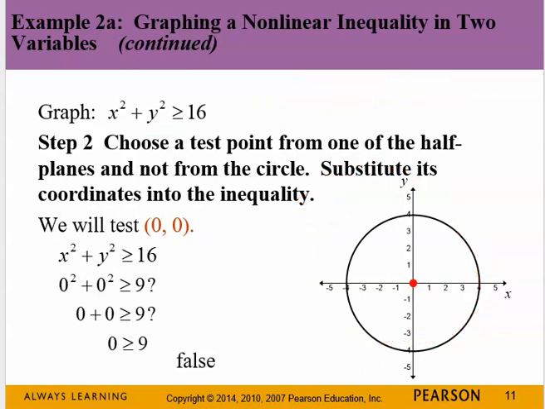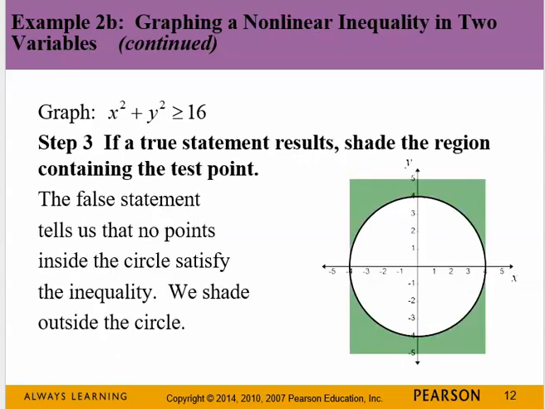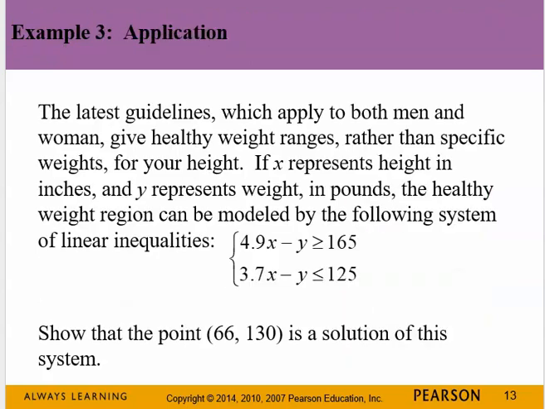And they're showing that that is a false statement, and therefore the green shaded area is the area of solution. Going on now to our next example, the latest guidelines, which apply to both men and women, give healthy weight ranges rather than specific weights for your height.